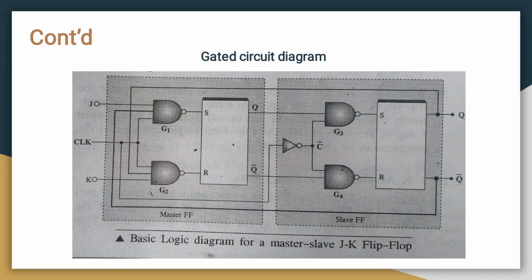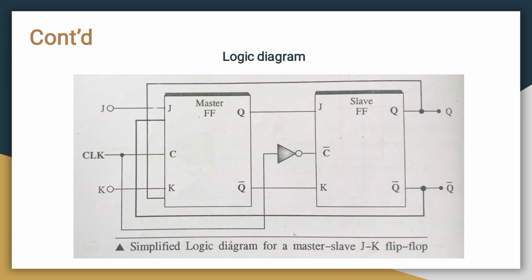So this is the gated circuit diagram. Before this, let's see the logic diagram. So this is the logic diagram. This one is one JK flip-flop and here is one more JK flip-flop. First you have to draw the JK flip-flop. For the master you put J and K, and for the slave you put Q and Q bar as the inputs for the JK flip-flop.